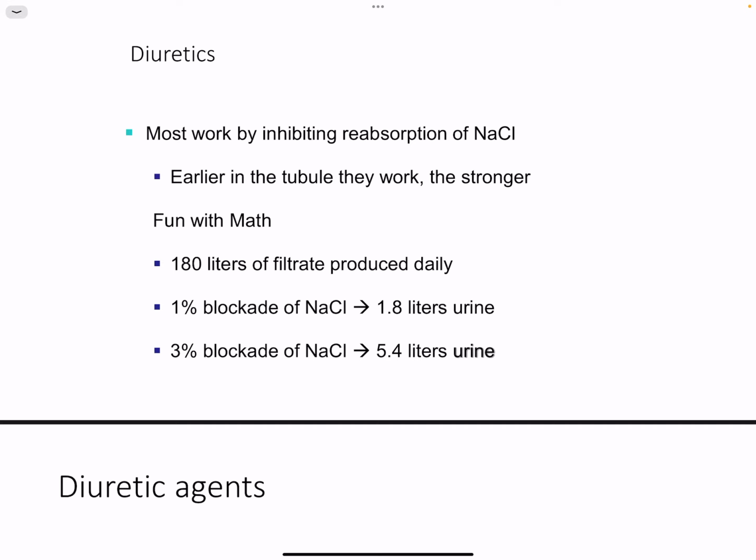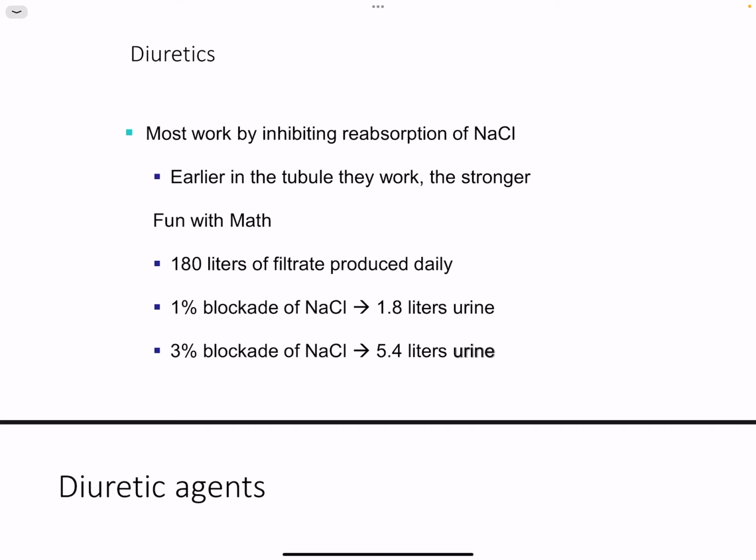The filtrate that the nephrons process every day is 180 liters, but the urine in a normal adult is only 1 to 2 liters, or 1000 to 2000 milliliters.